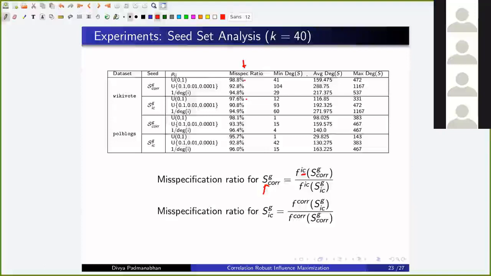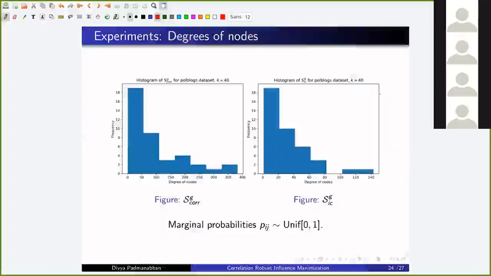A feature that we see from observing the seed set is that the robust seed set seems to be picking the high degree nodes. For example, in the Wikivote data, the max degree node was 1167. That is in this seed set, but it was not picked for the independent cascade. More generally, we see this reflected in this histogram for the PollBlogs data set.